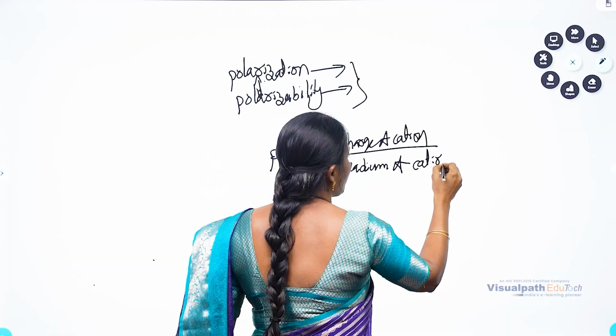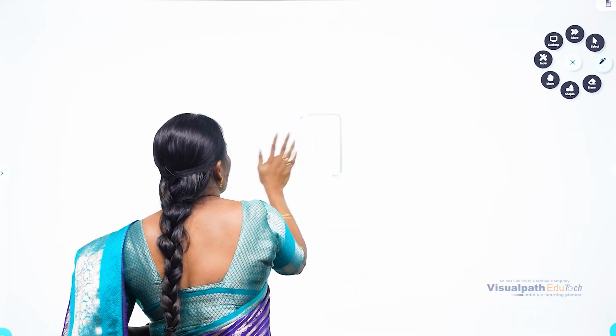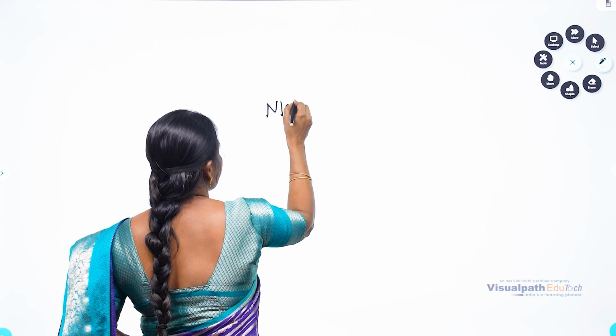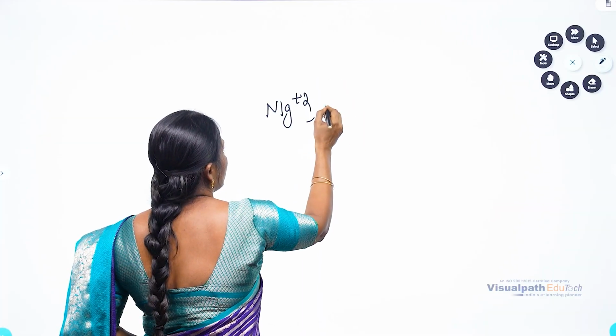It is one of the formulas, but there is no single universal formula. Many formulas explain polarization. Here we see one example: we take Mg2+ and Na+.